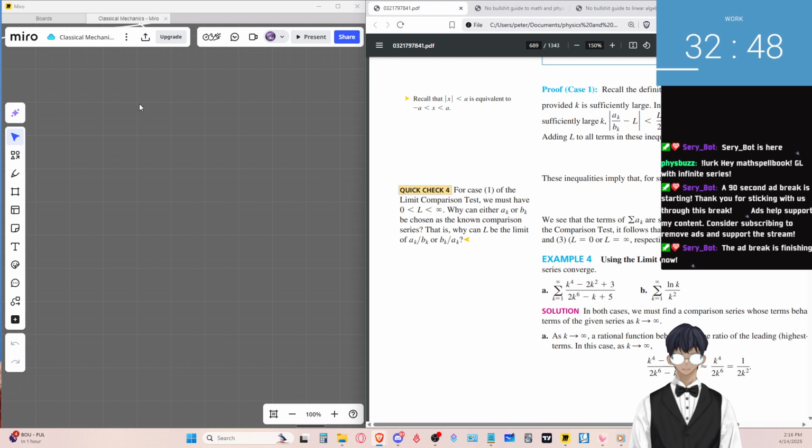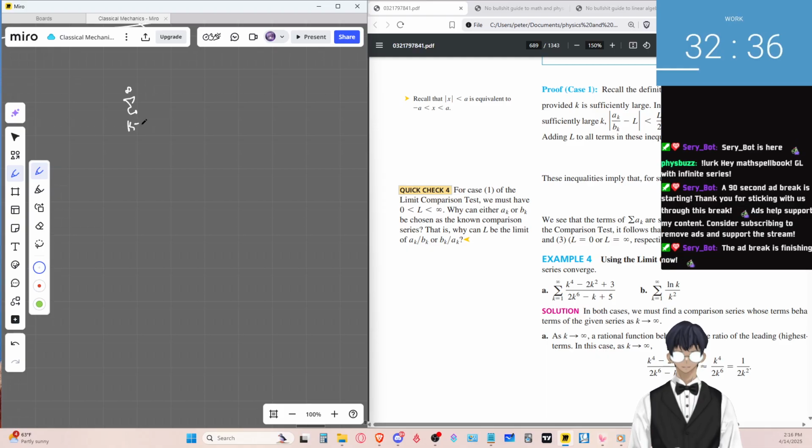Alright, so we have the sum from k equals 1 to infinity of k^4. So we'll have to use the limit comparison test for this one.